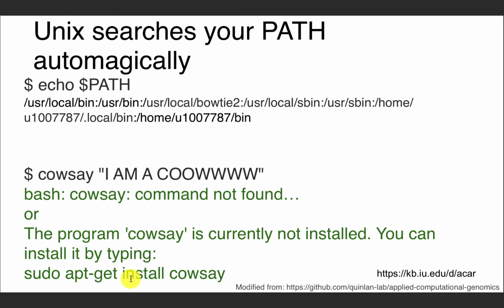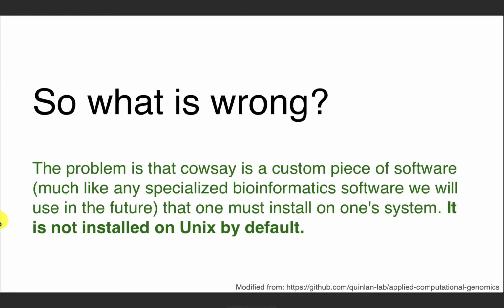Just a little tip. That very rarely ever works because that typically is only for things that are native or tend to come pre-installed. Sudo apt-get install is not going to get us most bioinformatics software. But okay, so the computer is basically saying, I don't know what you're talking about. So this is what we do a lot. We use Conda to install pieces of software into places and tell the computer that they're there.